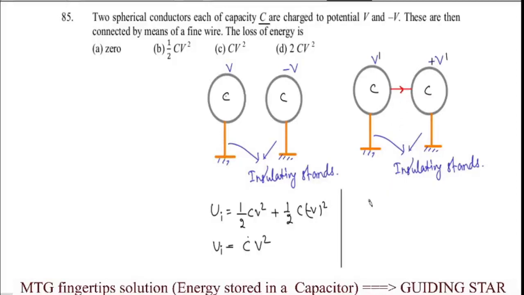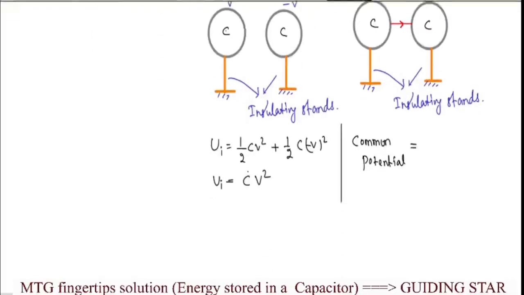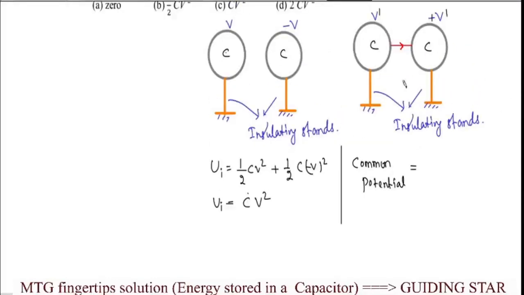Here we can calculate. So before calculating, we need to find out the common potential. What will be the value of common potential? The common potential achieved by both the spheres will be nothing but total charge divided by total capacitance.